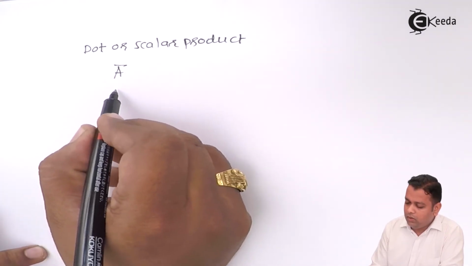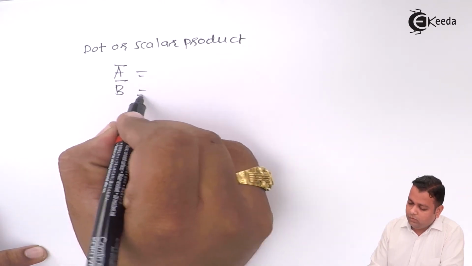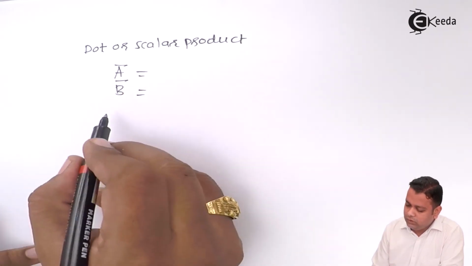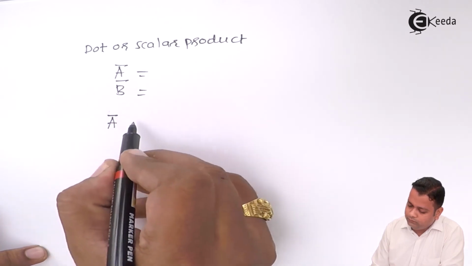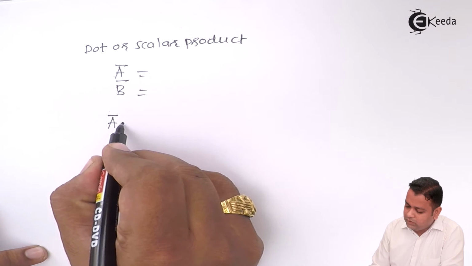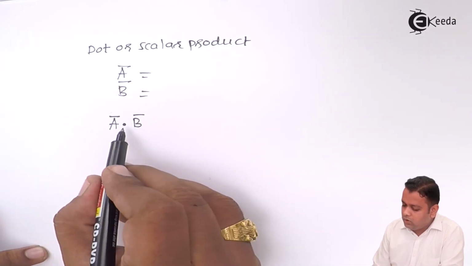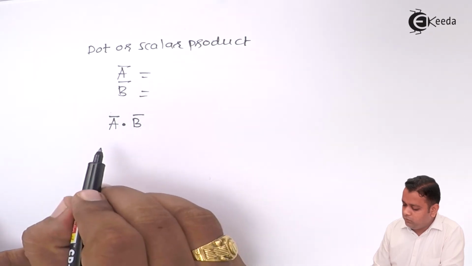For vector a and vector b, the dot product is scalar multiplication, the outcome is a scalar. So a bar and b bar are the two vectors and a dot is shown in between the two.